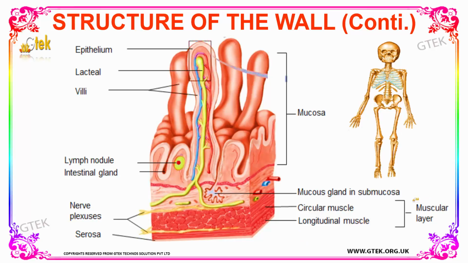So this forms the muscular layer into which the nutrients are transmitted. So this forms your mucosa. So this is the structure of villi that is present inside the alimentary canal.